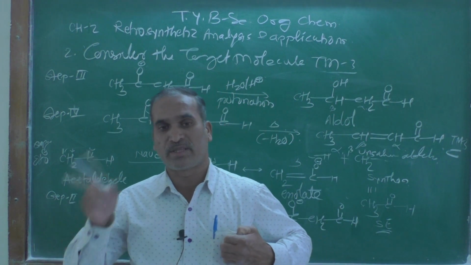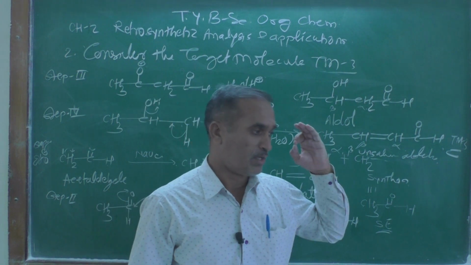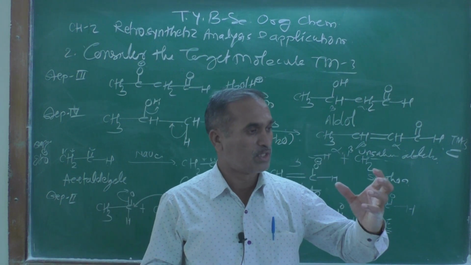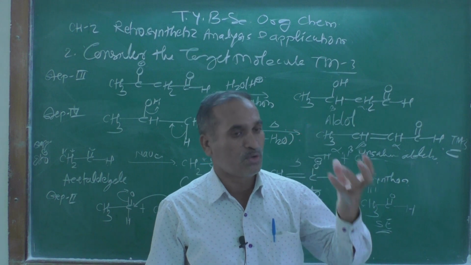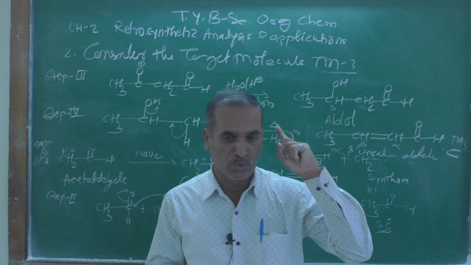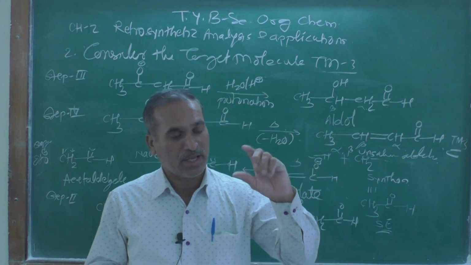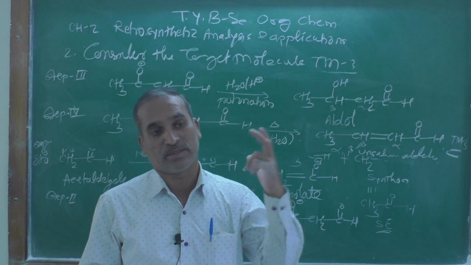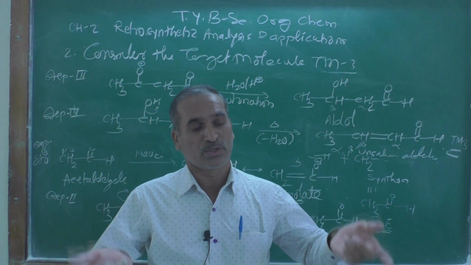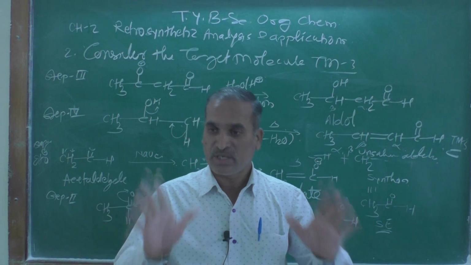So don't break the bond randomly. First you must know the reason, you must know how you can make that bond. Once you know, once it clicks in your mind, then you can break that bond, so that you can prepare, you can make that bond easily.